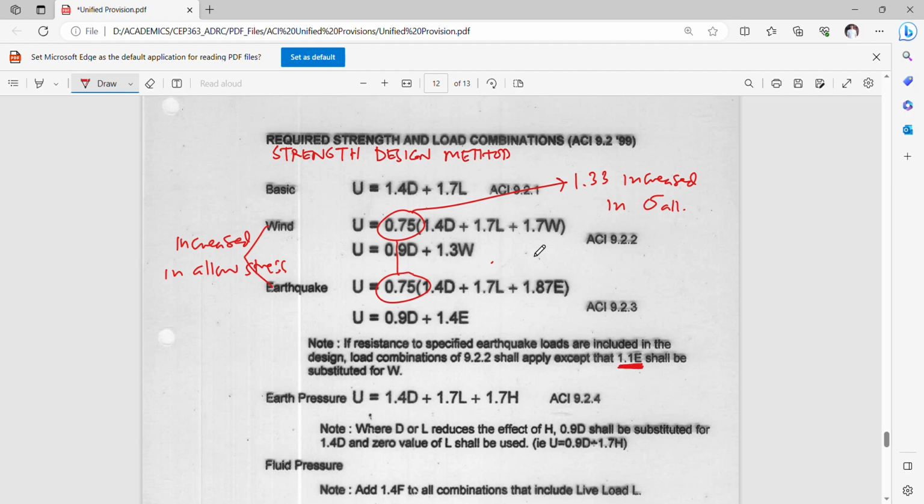Okay, so that's why if you will notice, basically the wind and the earthquake are just the same, but if we convert now the wind load into the earthquake load, it became 1.87 simply because this was multiplied by 1.1. Okay, so it's 1.1 of 1.7. Okay, that's why this becomes 1.87.